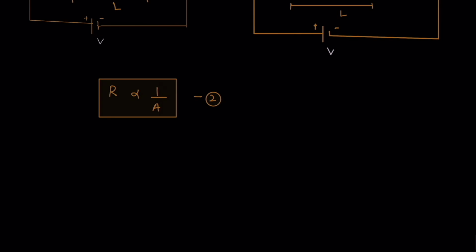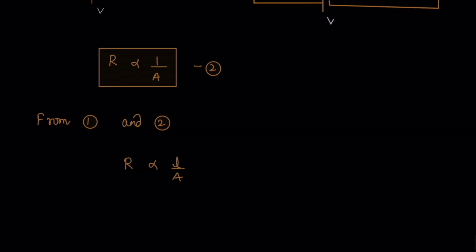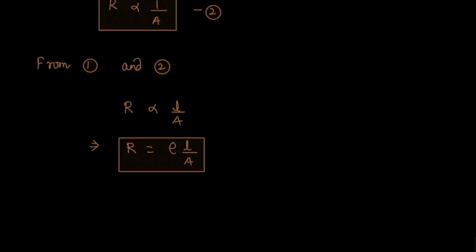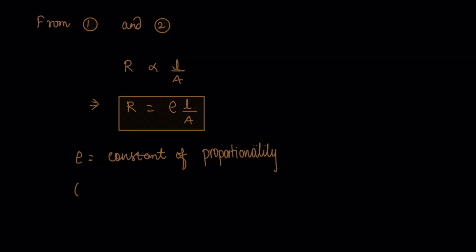So from the first and second relations, R is proportional to L by A. And when we remove this proportionality, we have to put a constant, which is represented as rho. So rho is the constant of proportionality, and it is also called resistivity.